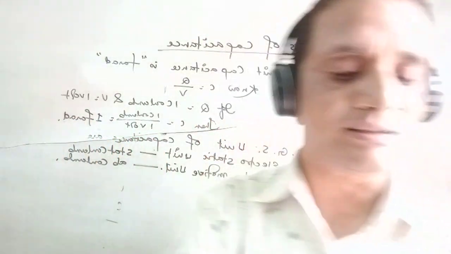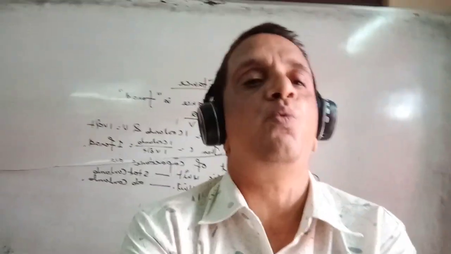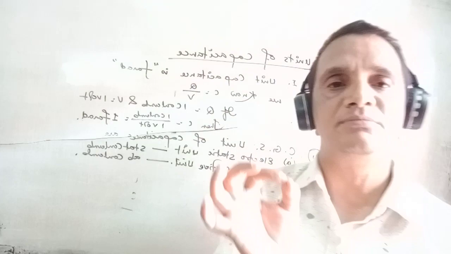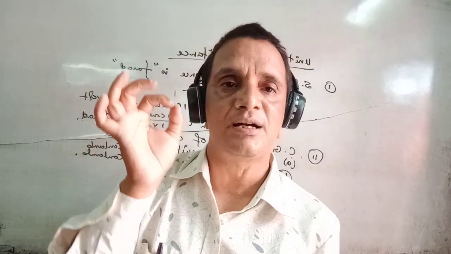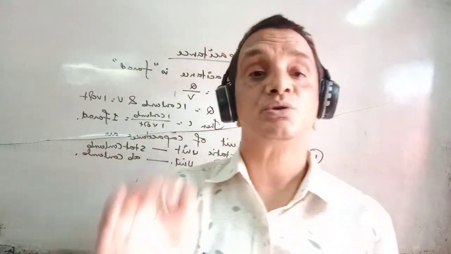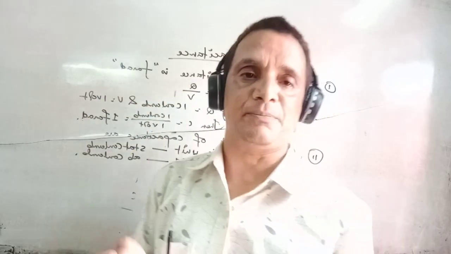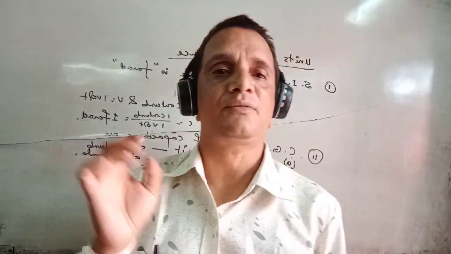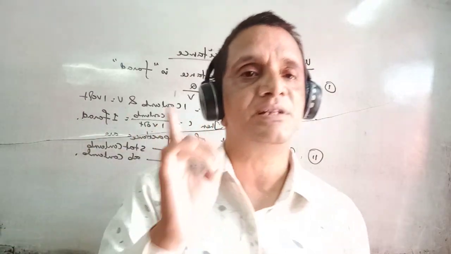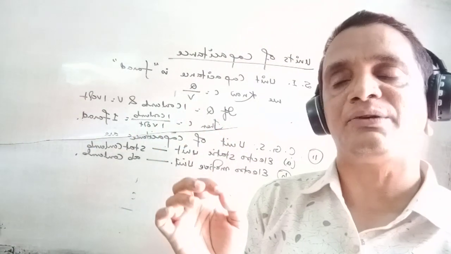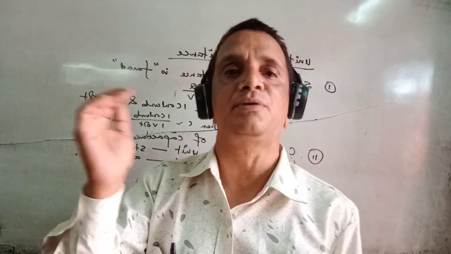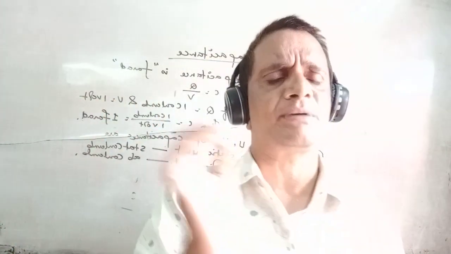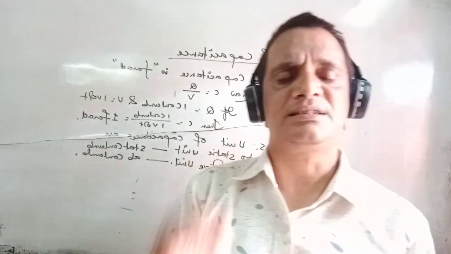If a charge of 1 stat coulomb is required to raise the potential of the system through 1 stat volt, then the capacitance is said to be 1 stat farad.